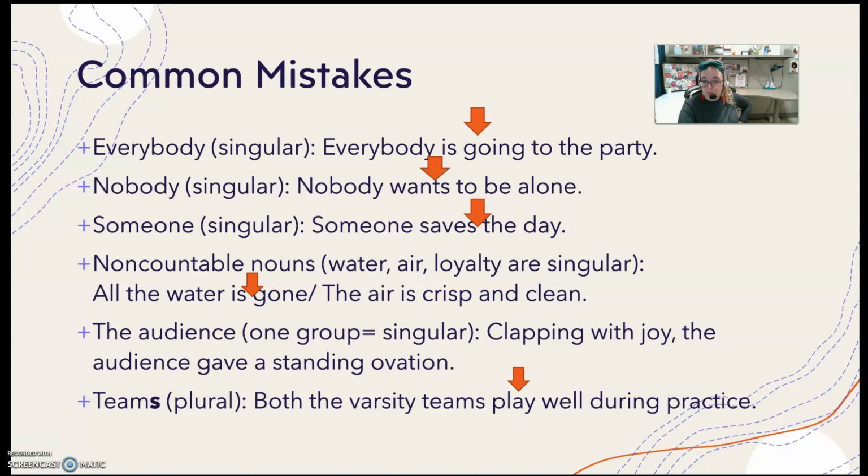So these are some common mistakes that I see, especially using everybody, nobody, and someone. I often see mistakes with singular subjects. So this isn't something you'll run into all the time, but I think it's good to be able to recognize, oh, okay, how do I fix this if I feel like my verb is a little off?